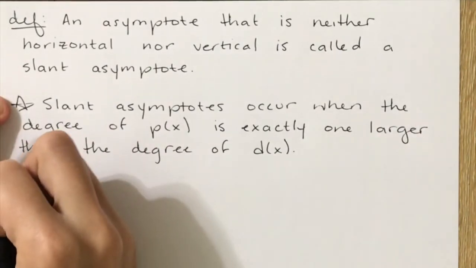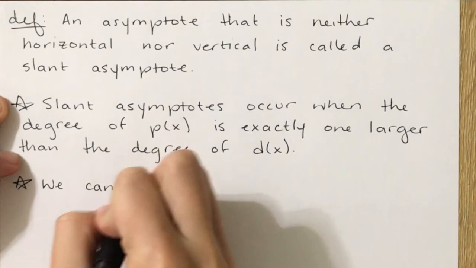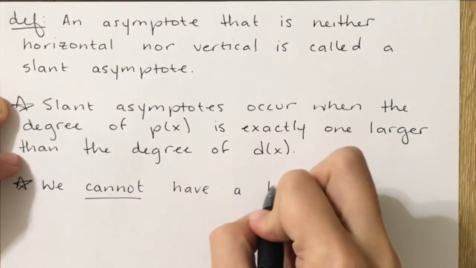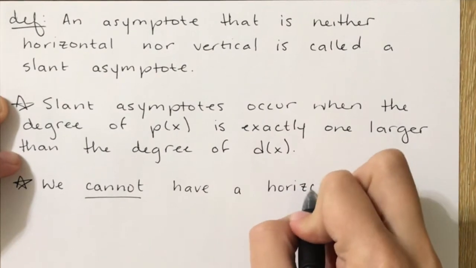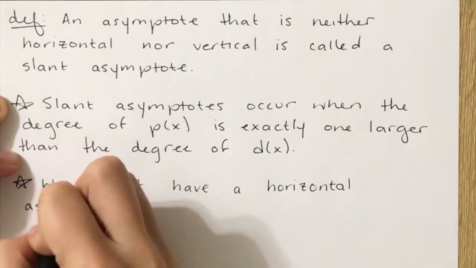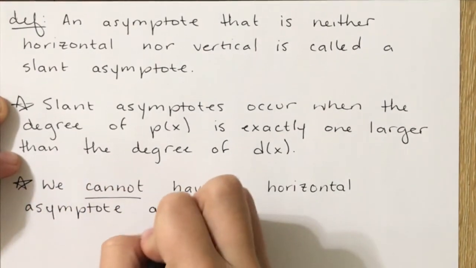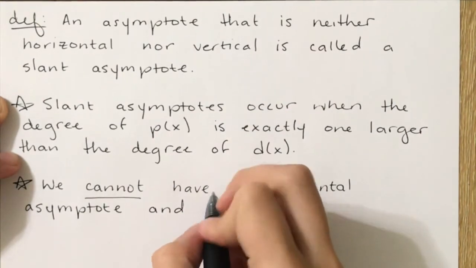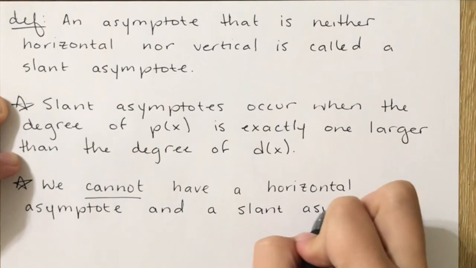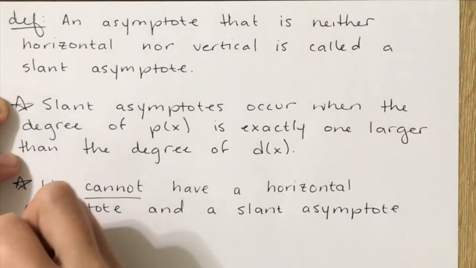So we cannot have a horizontal asymptote and a slant asymptote for one function.